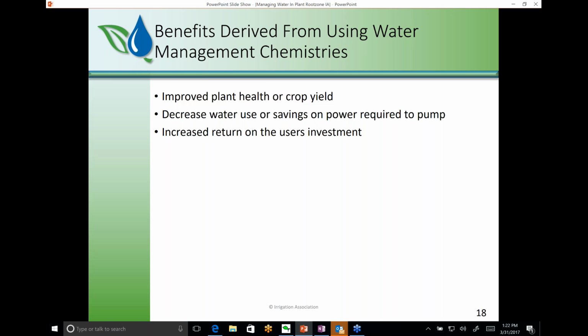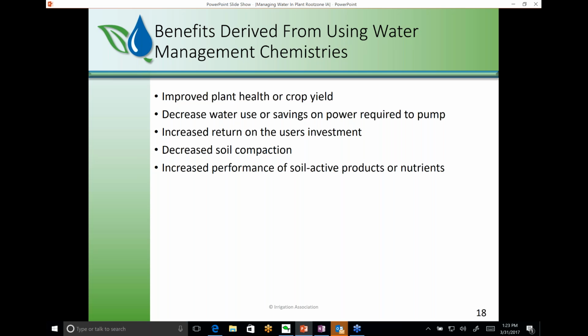You can experience a return on your investment, i.e. higher yields and better profits and revenues. We've actually seen decreased soil compaction with the use of water management chemistries and increased performance of soil active products or nutrients.